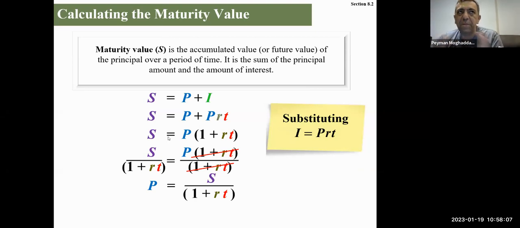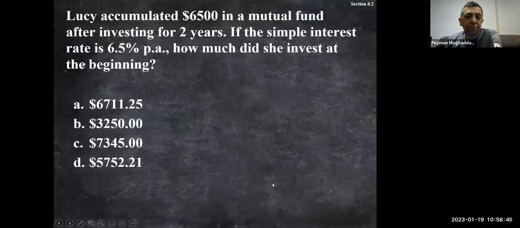I would just remember I equals PRT, and then the rest, like how do you find P? P is equal to I divided by RT. It's just simple linear algebra. So just remember S equals P(1 + RT), and the rest is easy to derive, not to remember. The other way is S divided by (1 + RT).